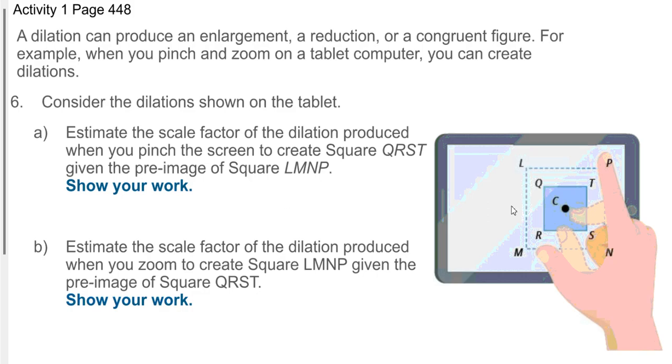If I look at the scale factor, this looks like it was twice as big as this, so the scale factor for A would be 1/2. And since I already identified that this is 2 times as big as this by estimate, if I started with the small one and went to the big one, I would have doubled my length, so it would have been 2 times.